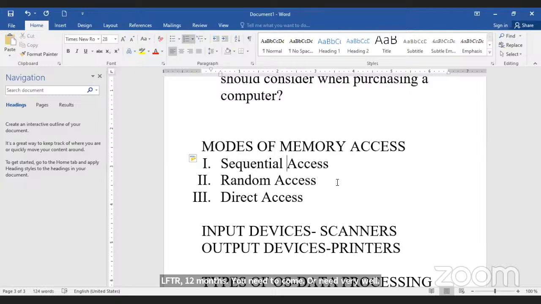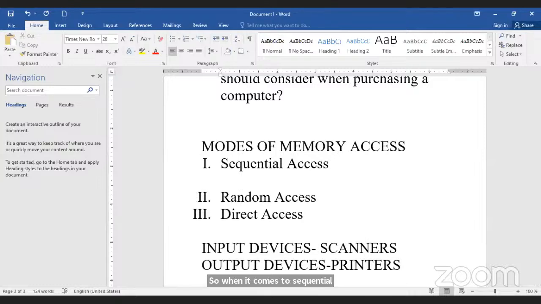So when it comes to sequential access, the memory is accessed in a specific linear sequential manner. Like in compact discs, okay?